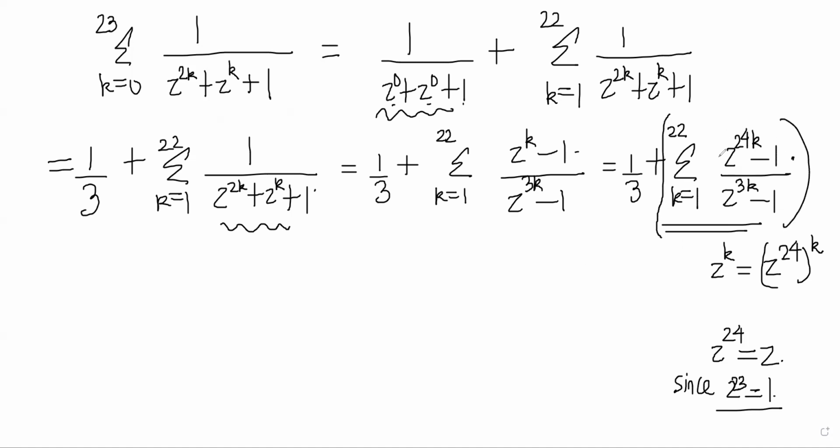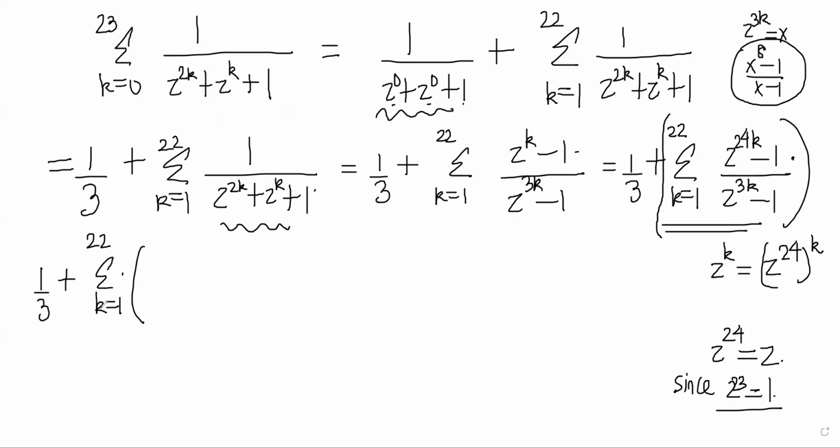Now if you try to divide this expression, you should get 1 by 3 plus summation k goes from 1 to 22. Let's divide this expression. Let's take z power 3k as x. We have x power 8 minus 1 by x minus 1, right? So you'll get x power 7 plus x power 6 plus ... plus x plus 1, with x power 0 finally.